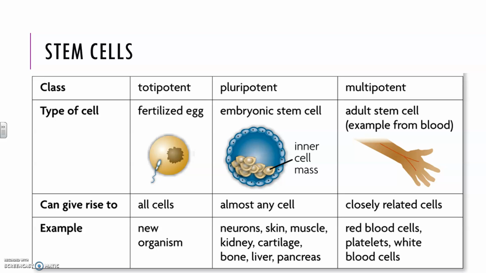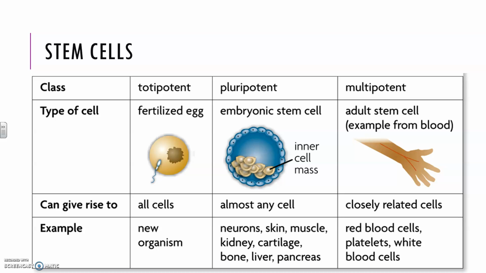So you can see the outer layer of cells here, okay, and then you have your stem cells in the middle. So those are the embryonic stem cells. They are pluripotent, which means that they can become almost any other cell type except for the totipotent. So once they reach pluripotent, they are going to continue on to making a full organism. Okay, they can't go backwards to just a fertilized egg cell. Okay, so totipotent leads to pluripotent.